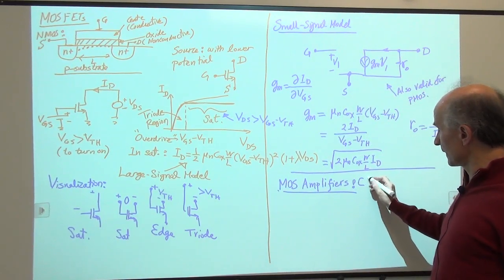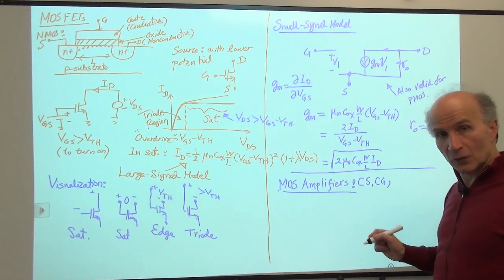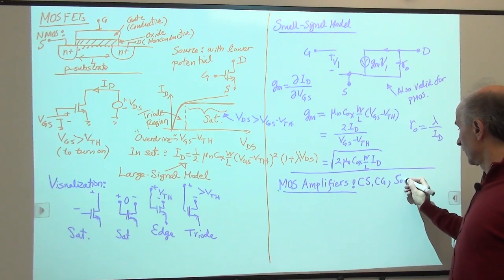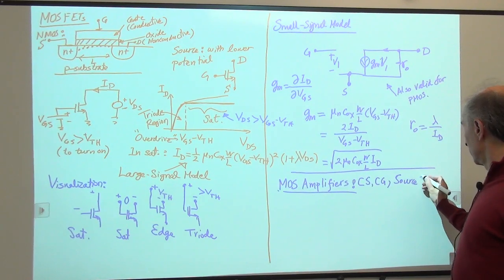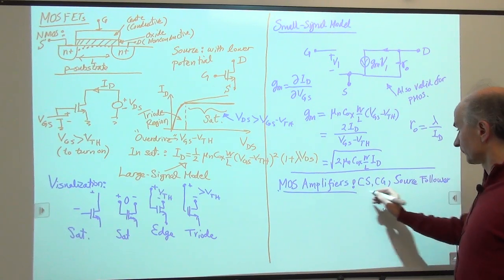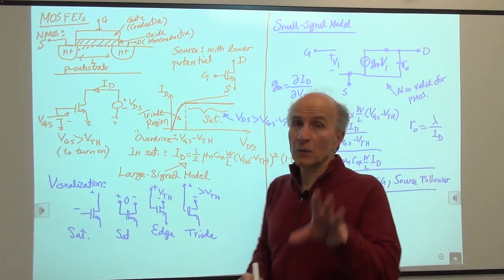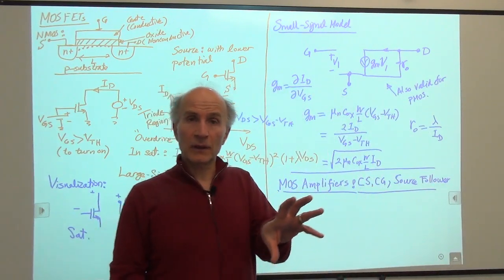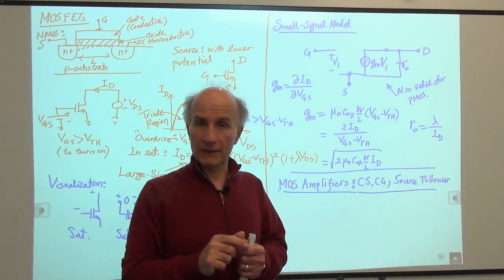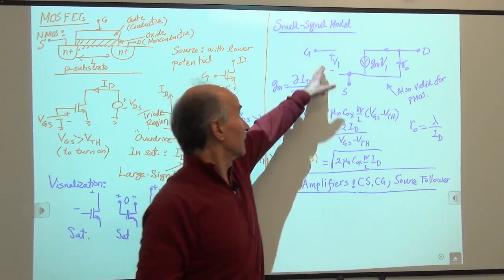So we have a common source stage, a common gate stage, and a source follower, just like the emitter follower. Okay, it's almost as if you just went to every bipolar amplifier circuit and took the bipolar device out and replaced it by a MOS device, right? It's very similar, but of course the small signal models are a little different, right? There's no r pi here.